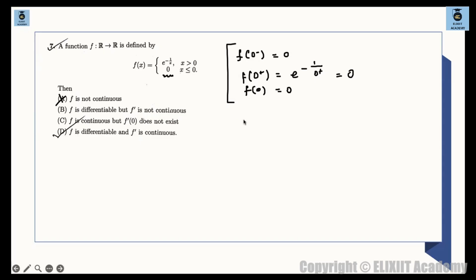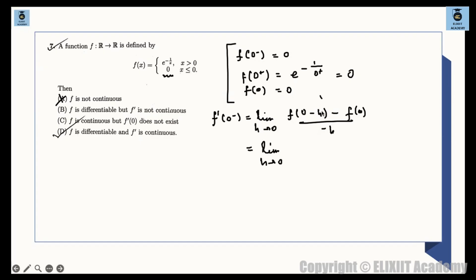We check f dash of 0 plus and f dash of 0 minus, since it is a piecewise function. The left hand derivative, which is f dash of 0 minus, is the limit as h tends to 0 of f of 0 minus h minus f of 0, divided by minus h. Here f of 0 minus h will be this function only, which is 0.